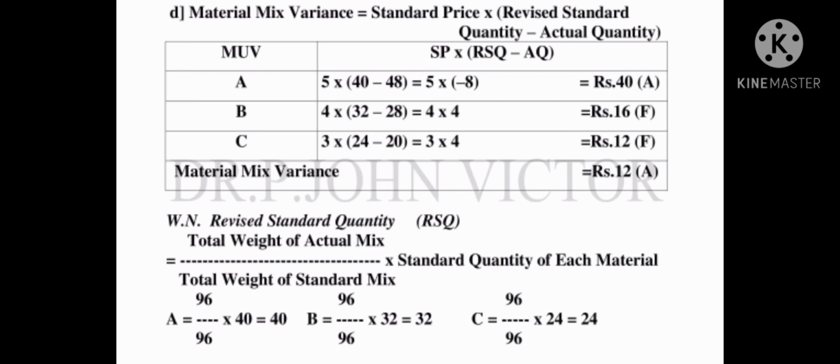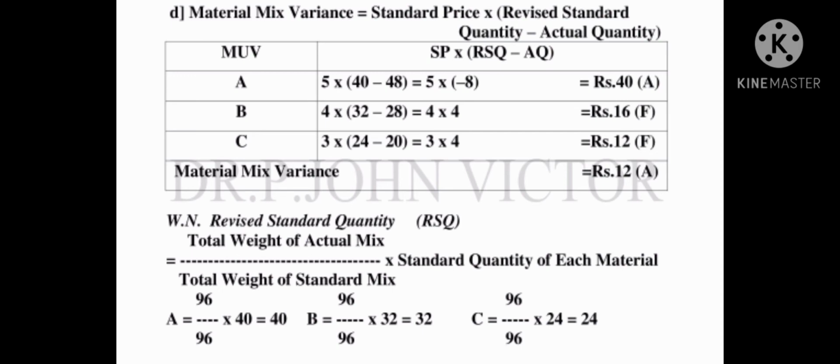Okay, so accordingly, just below the table, you follow the working note, revised standard quantity, RSQ in short form I have given. For that the formula is total weight of actual mix. The actual mix means A, B, C, any number of products they may give. So the total value is called the actual mix. That is total weight of actual mix, and then divided by total weight of standard mix. The standard quantity, whatever or any number they give, A, B, C, D, any number of weights they give, that total is called total weight of standard mix.